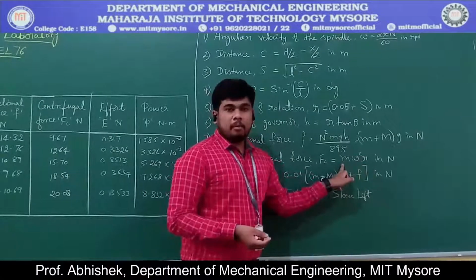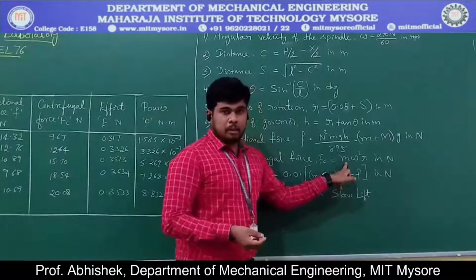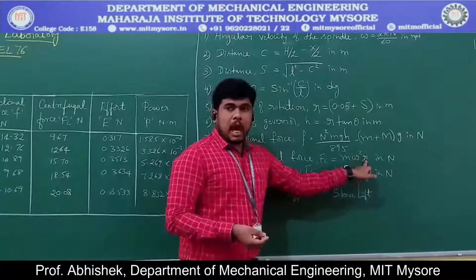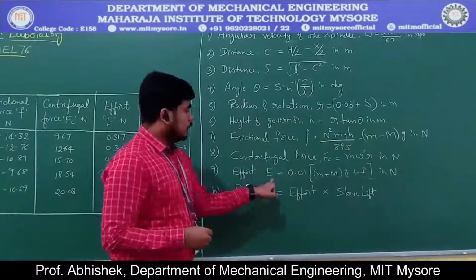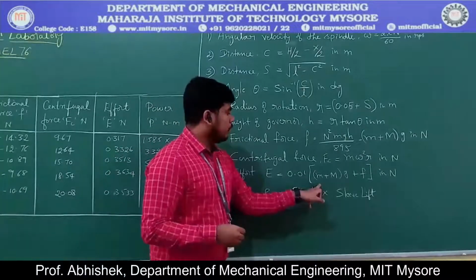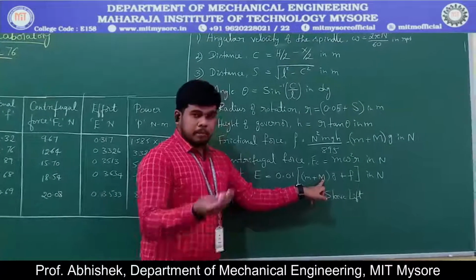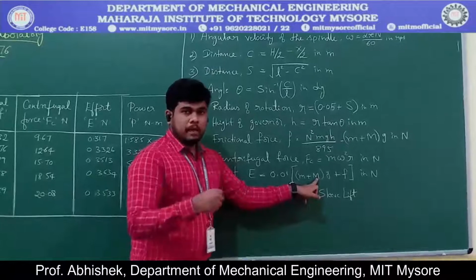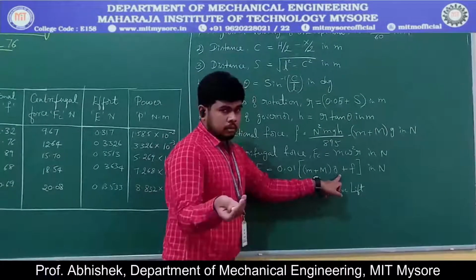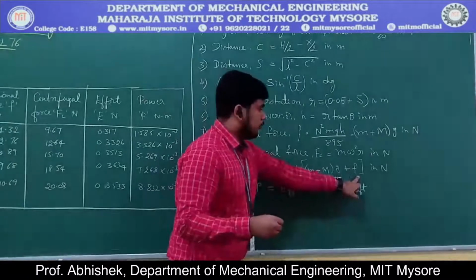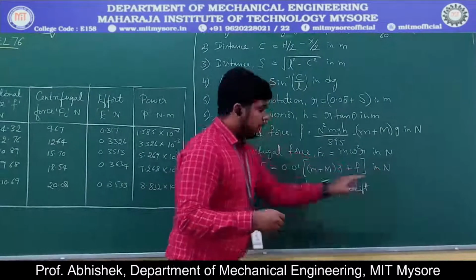This is the common standard formula. m is the mass of the ball, omega is the angular speed, r is the radius of rotation. Then effort, E is equal to 0.01 into (small m plus capital M), weight of the ball and weight of the sleeve, into g, gravity, plus frictional force, that should be in Newton.